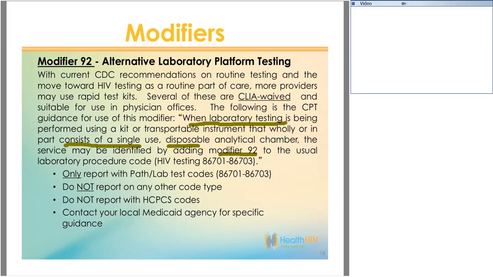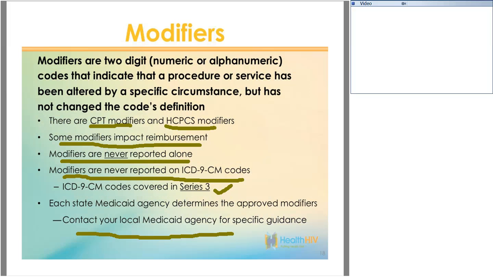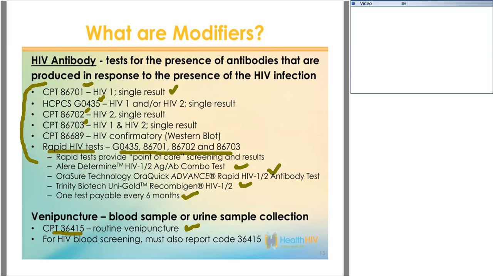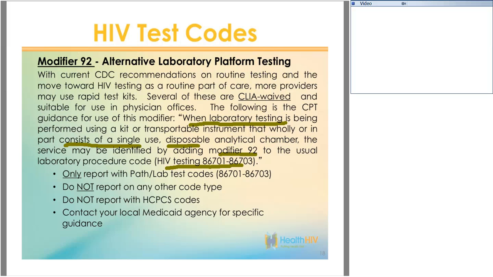The most common use of this modifier is with codes 86701 through 86703. So here are the codes where Modifier 92 is most commonly reported: 86701, 86702, and 86703. Those are your coding guidelines.